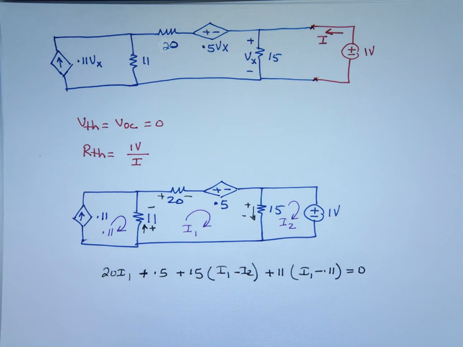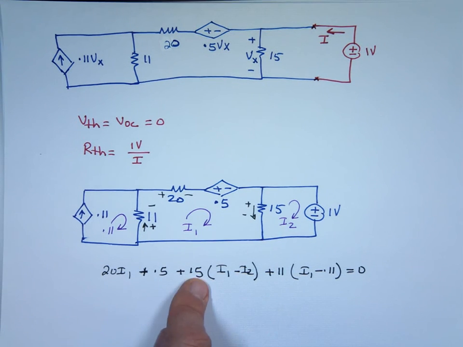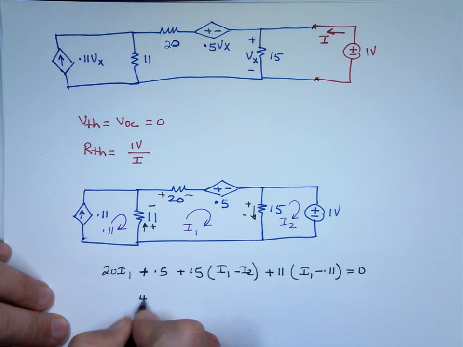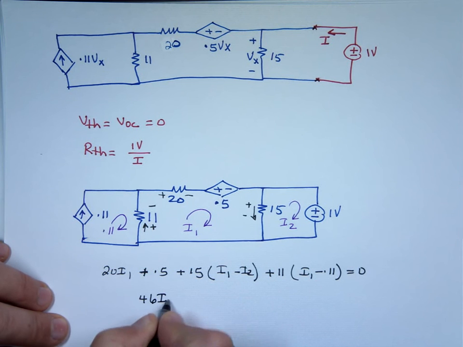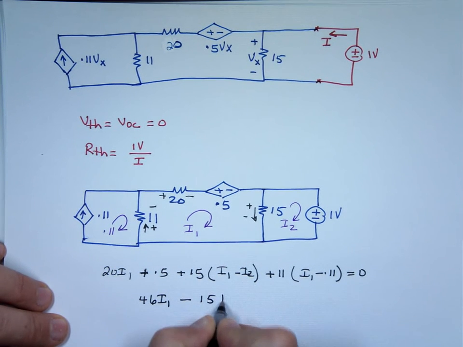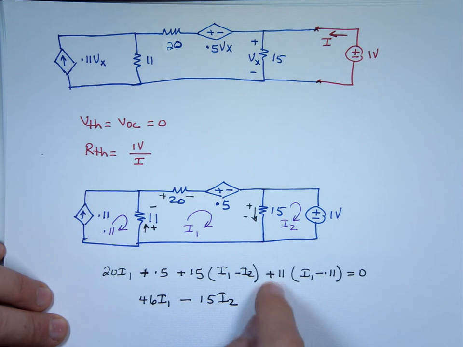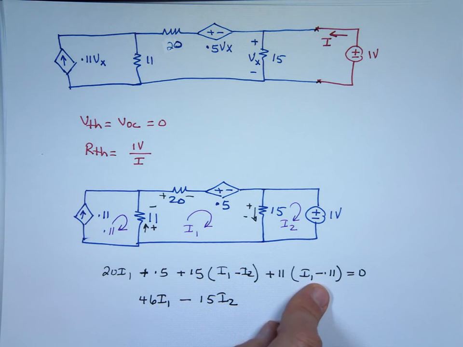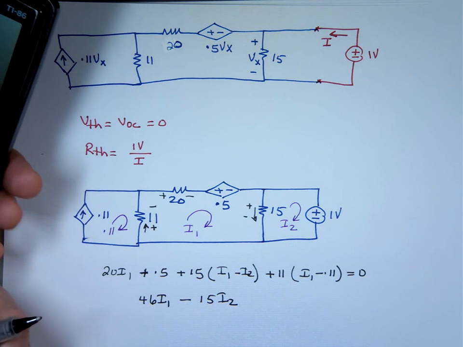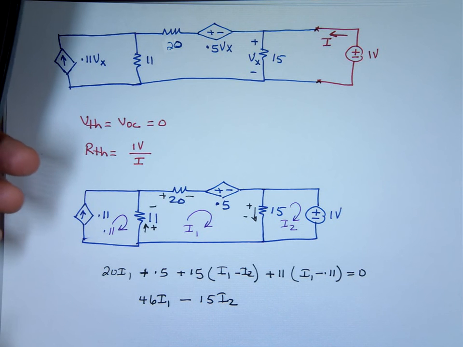Clean it. 20, 15, 35, 45, 46 I sub 1 minus 15 I sub 2. 11 times a negative 0.11. That's negative 1.1 plus 5. That's negative 0.51, I think?